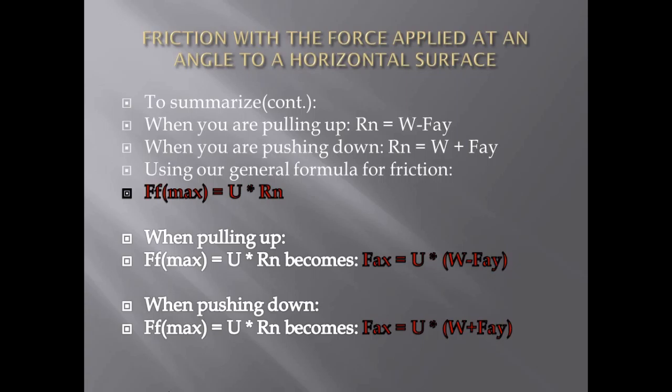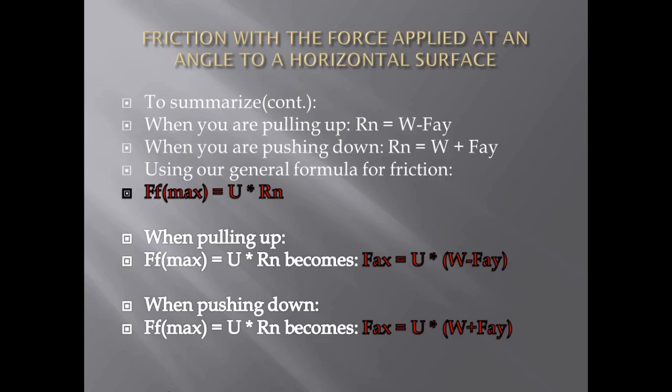Using our general formula for friction, maximum friction force equals coefficient of friction times Rn. When pulling up, that formula becomes the horizontal component of the applied force equals the coefficient of friction times W minus FAY.